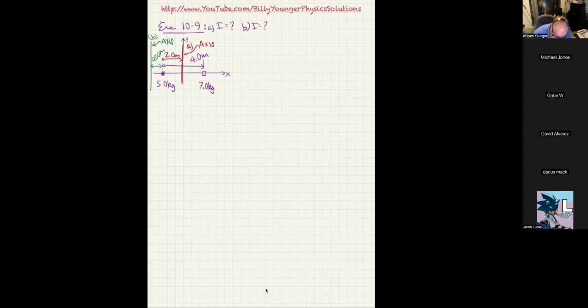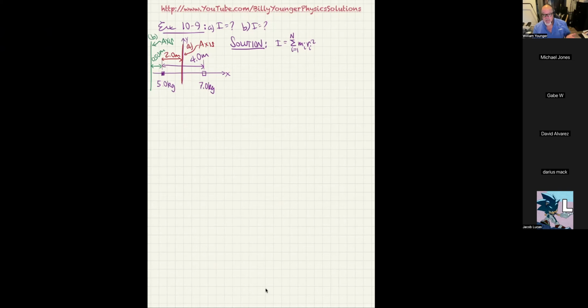Let's start with part A. The moment of inertia I is equal to the summation from i equals 1 to n of m sub i r sub i squared. So what we need to do is find r sub i for each of them.